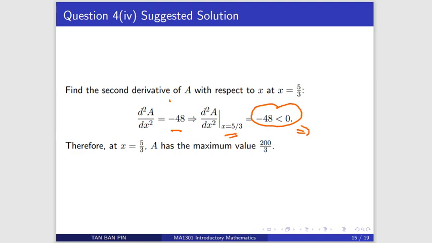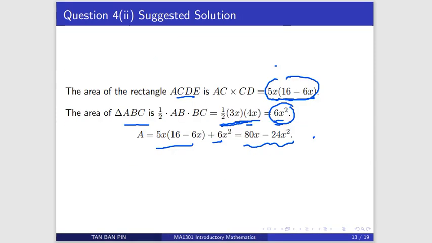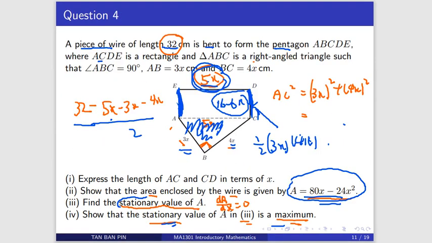So you imply a maximum A by the second derivative test. Therefore, when x is 5/3, the area is maximum, and the value is 200/3. So with that, we show that the stationary value in part 3 is maximum.